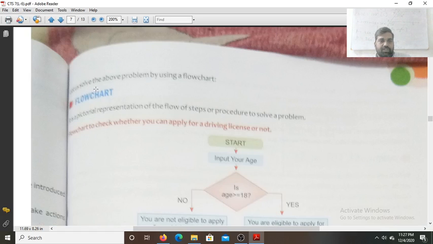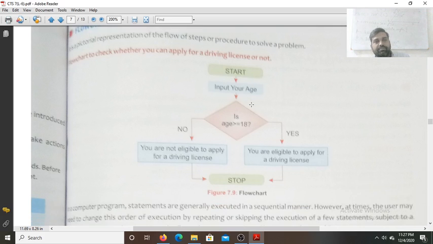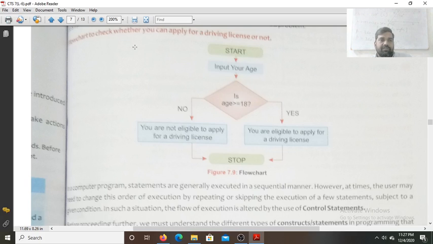Now see the flow chart. How do we solve the problem by using the flow chart? A flow chart is a pictorial representation of the flow of steps or procedures to solve a problem. See whether we can apply for a driving license or not.